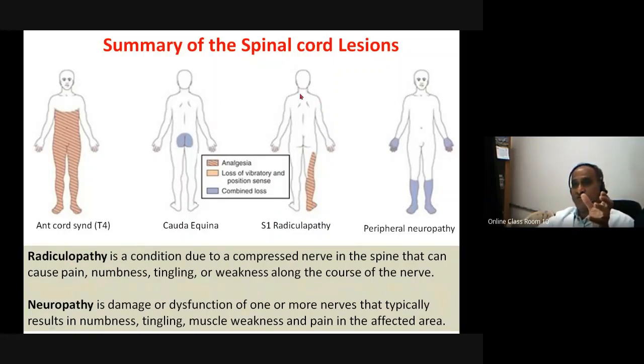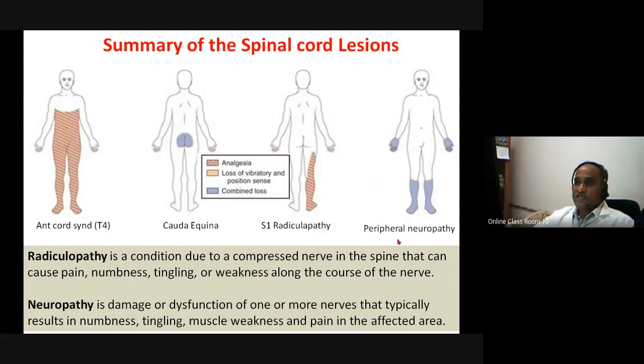These roots are affected. That's radiculopathy. There will be pain, numbness, tingling sensation, and weakness along the course of the nerve. So, okay, now what is to be done? You just remove that compression, because it is producing the compression. If you remove the pressure, the person may be all right.